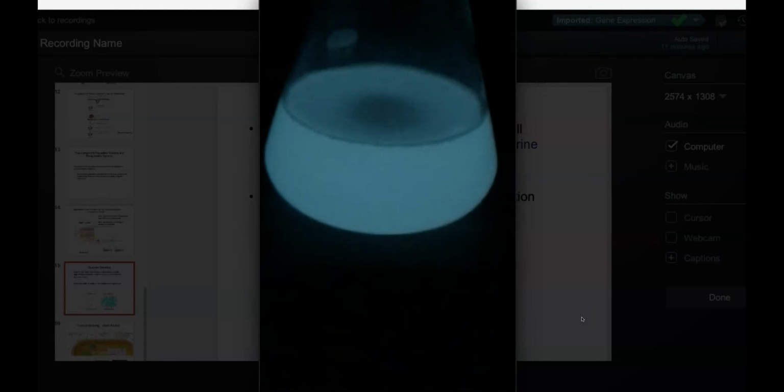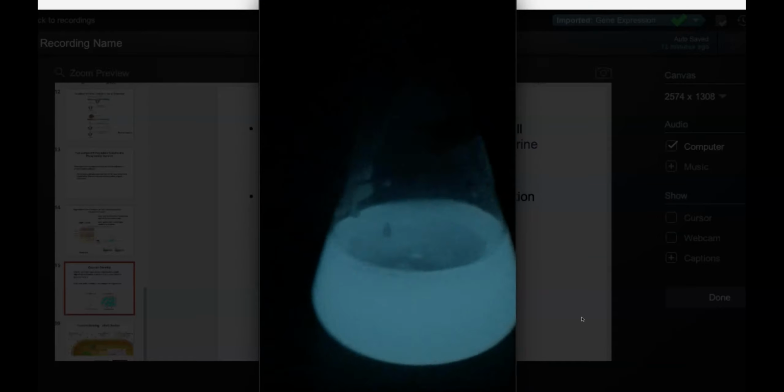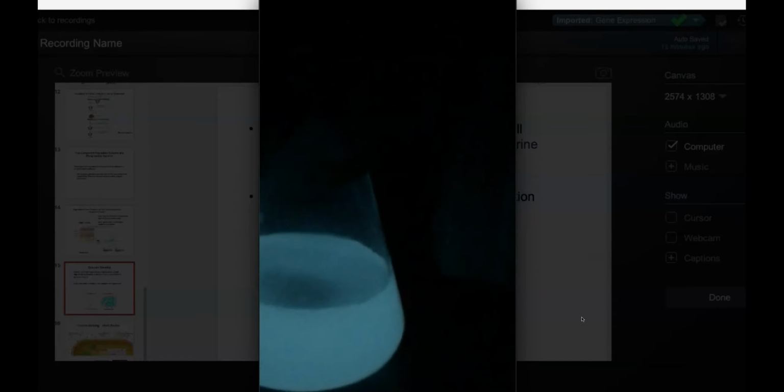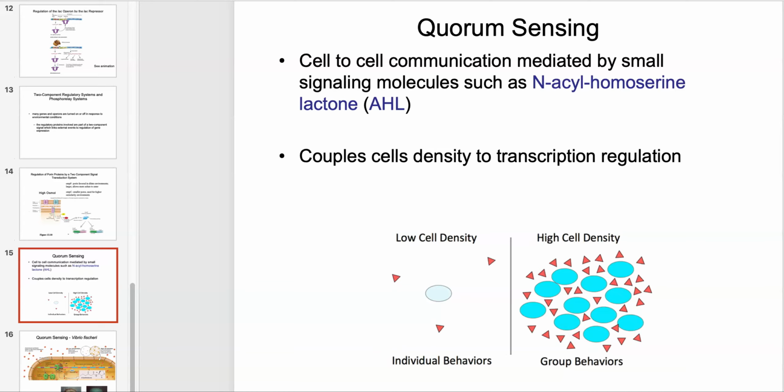By swirling the flask, you're adding oxygen, which enhances the biochemical reaction. And they're doing that by quorum sensing. So there's a couple things going on. In that flask, because there are walls around the flask, these little pheromones can build up.